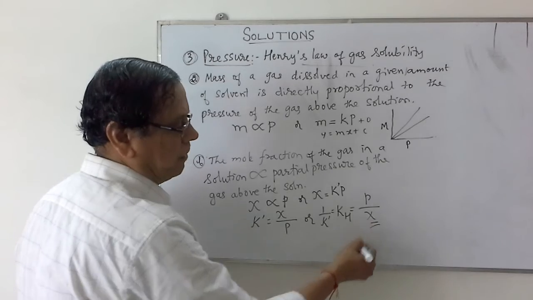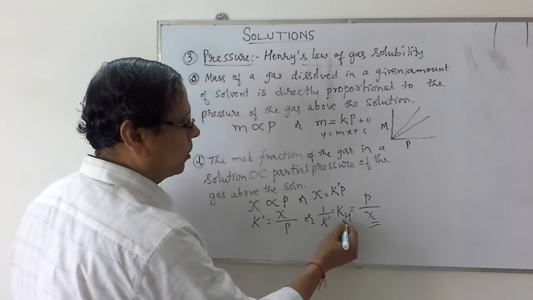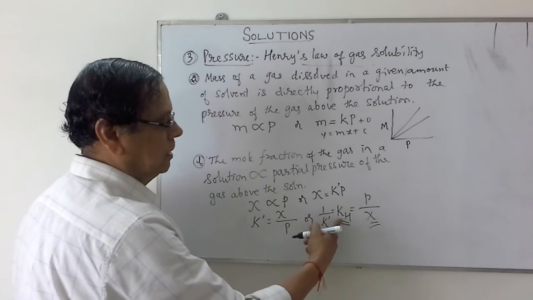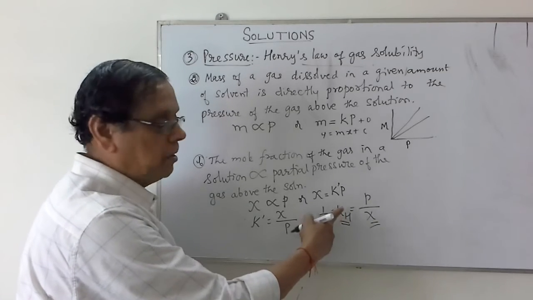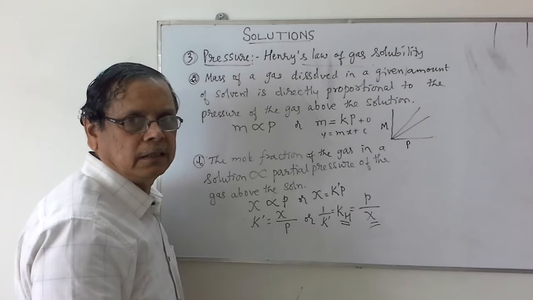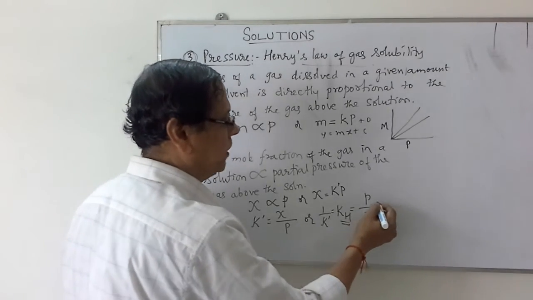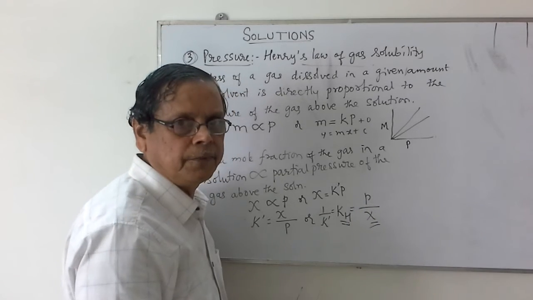Chi is only a mole fraction, it is a number. Therefore, KH is directly proportional to P. As the pressure increases, this KH increases, but solubility of the gas increases. We can consider this KH in terms of either atmosphere or bar, etc.